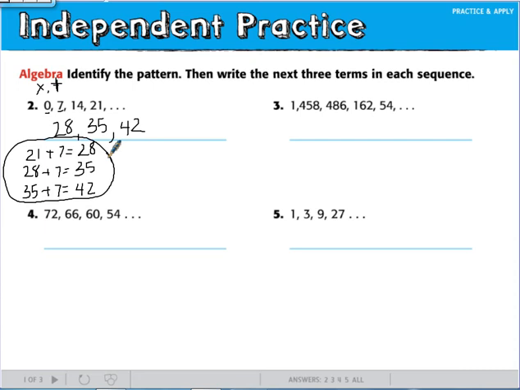Number 3. Which direction is it going? Downward. So, the first thing that I told you to do if it's going downward is what? So, I want you to do a subtraction problem with these 2, then do a subtraction problem with these 2. Are they the same distance from each other?